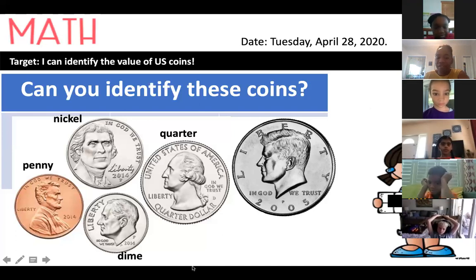It's a 50 cent. Very good. Now, we don't see these too often, but they actually exist, okay?